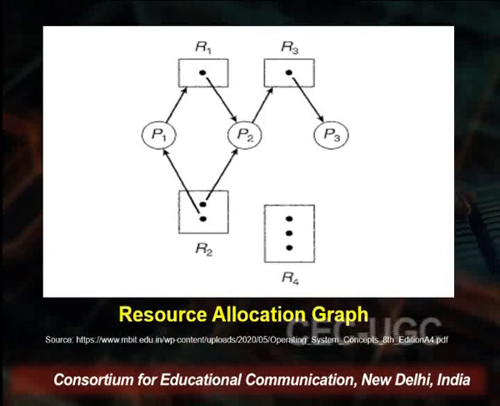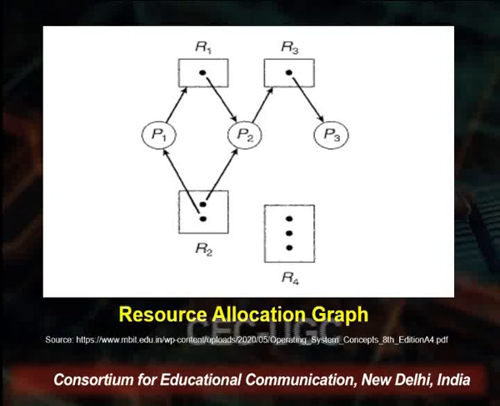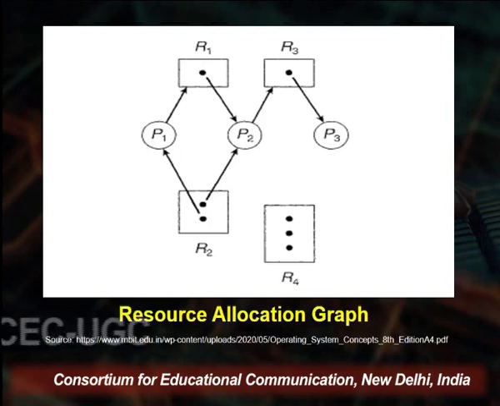So there is an edge from R2 to P1, then from P1 to R1, from R1 to P2, and because P2 is looking for the resource R2, from P2 to R2 there will be a request edge. This gives me a cycle between these 4 vertices, R1, R2, P1 and P2.